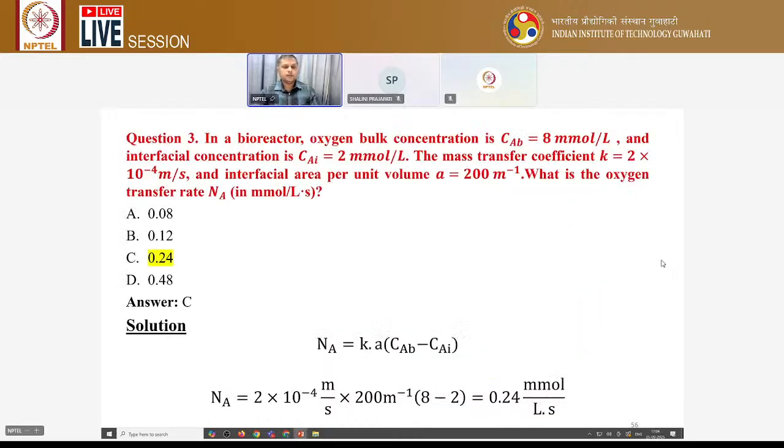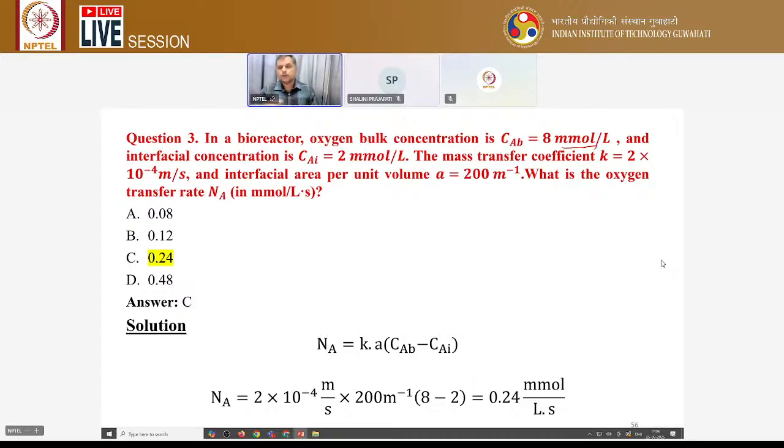Next question is in a bioreactor, oxygen bulk concentration is 8 millimole per liter and interfacial concentration is 2 millimole per liter. Okay, so it is decreasing from bulk to interface.